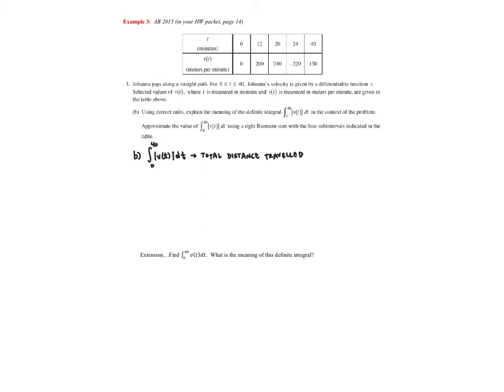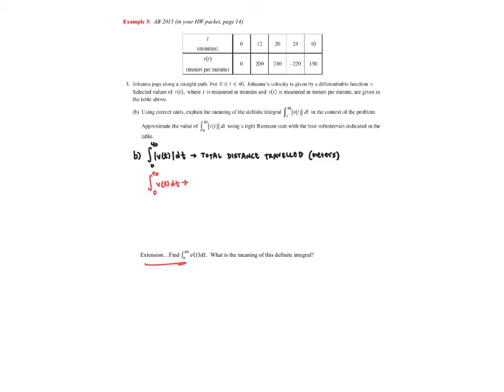And in this case that will be in meters. Now, this can be different than the integral from 0 to 40 of v of t, which we will discuss down here.